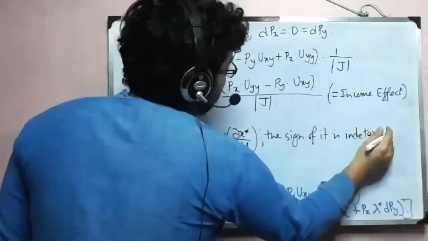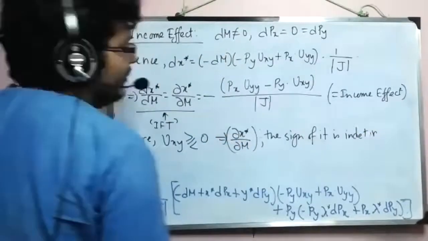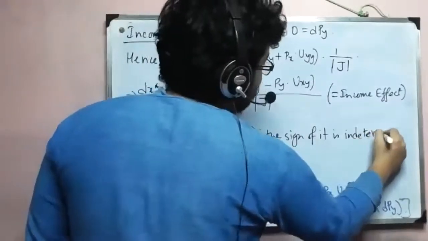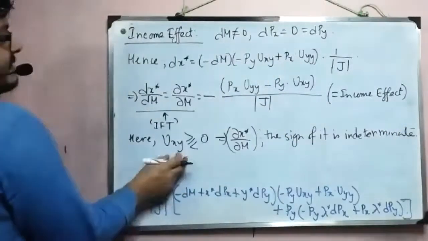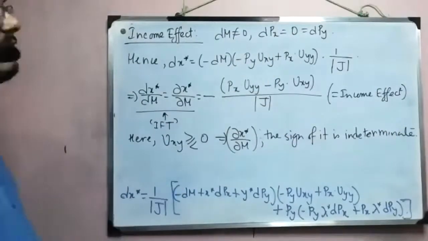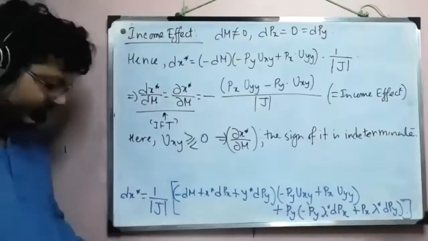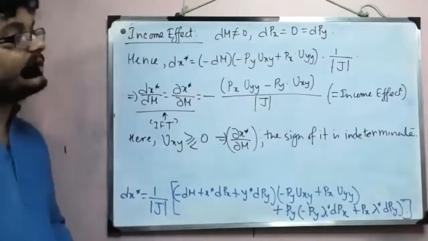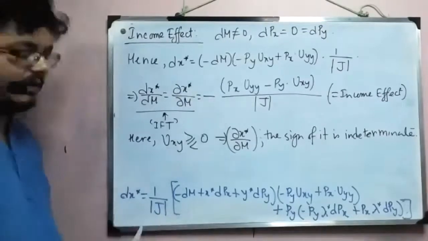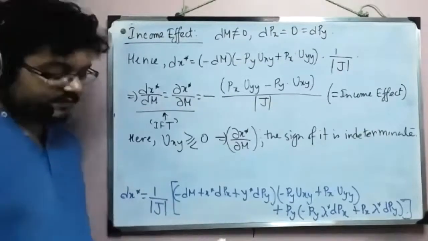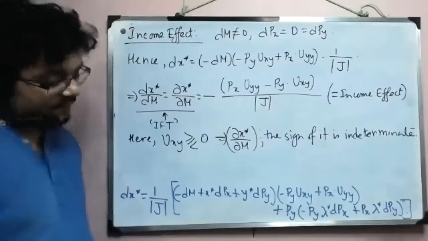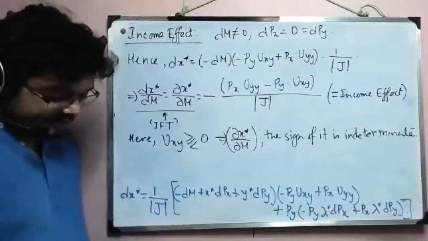We do not know whether it is negative, positive or 0. Depending on this cross effect, it can be positive, negative, or 0. And we have seen while doing the diagram that income effect can be positive, negative, or 0.